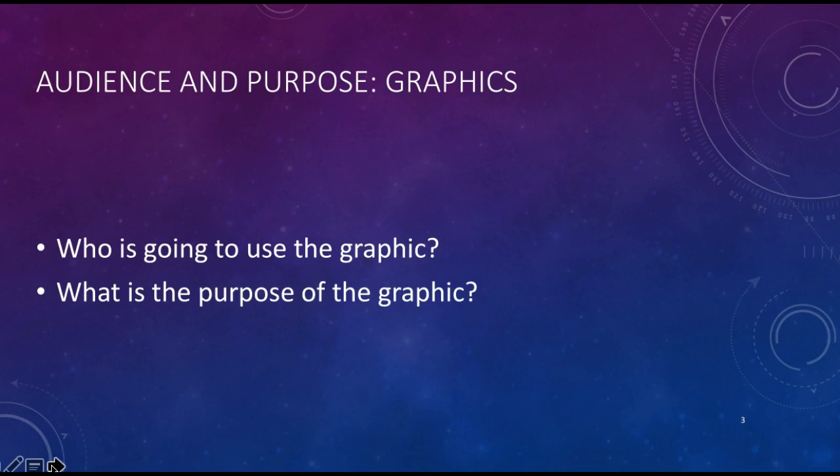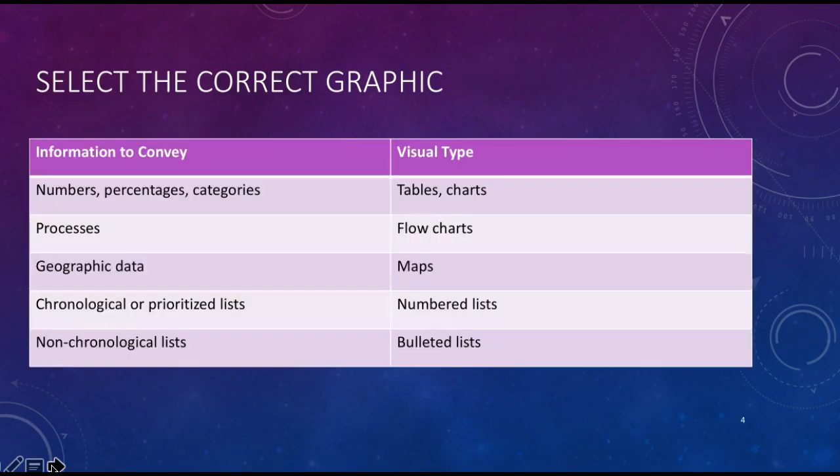So just like with any element of technical writing, we talked about this in the last lecture on design, with graphics, I want to ask myself, who's going to use the graphic and what is the purpose of the graphic? What is the information that the graphic is trying to convey? So you want to select the right kind of graphic for the type of information you want to convey.